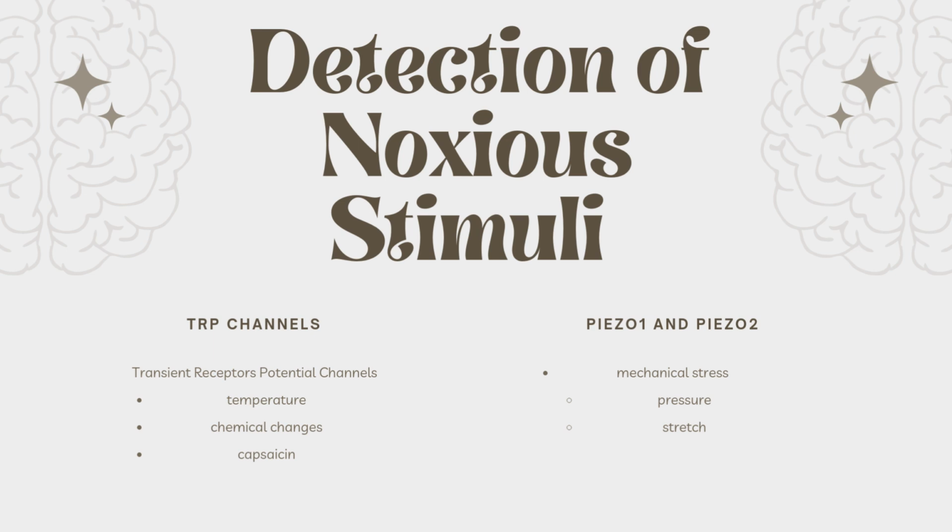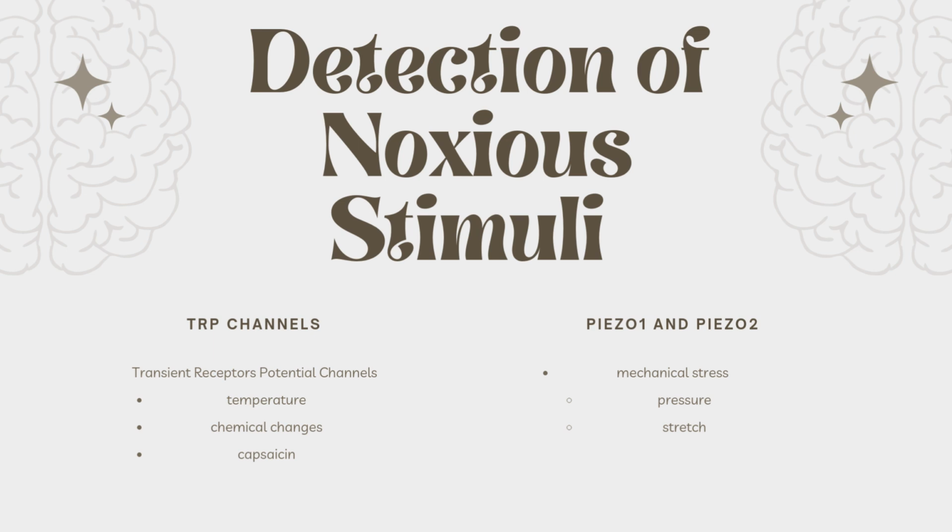Two main ones that I'm going to mention are transient receptor potential channels, which are specifically for temperature and chemical changes, and capsaicin, that really spicy compound we find in foods. And then a few other receptors are Piezo 1 and Piezo 2, which are sensitive to mechanical stress, such as pressure or stretch to the skin.